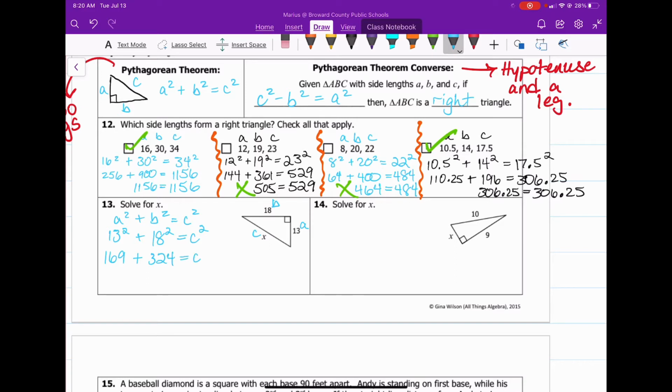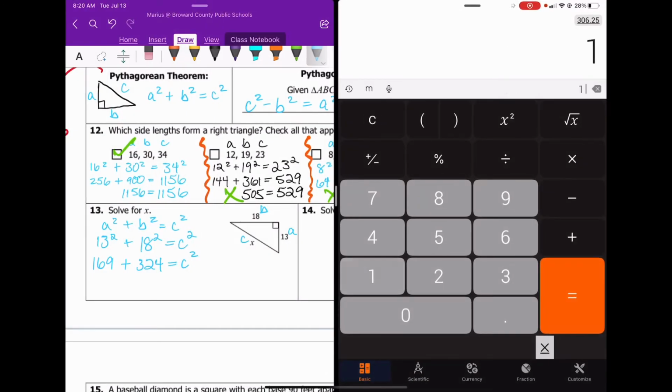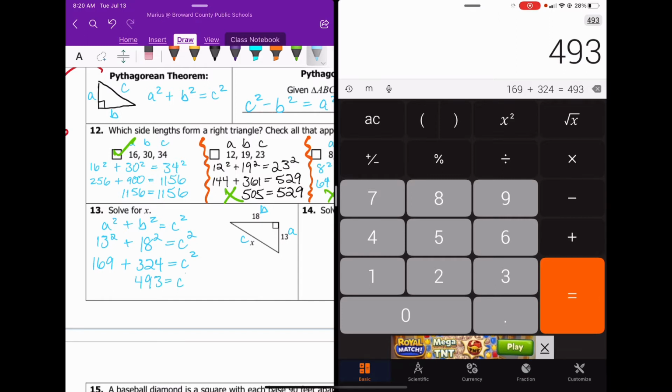And that's supposed to be equal to C squared. Now, what we're going to do is add: 169 plus 324, that's 493. In order to figure out what C is, C is equal to the square root of 493.